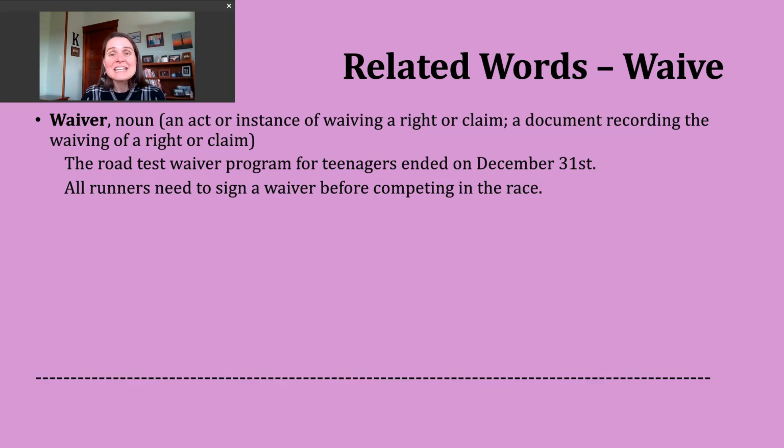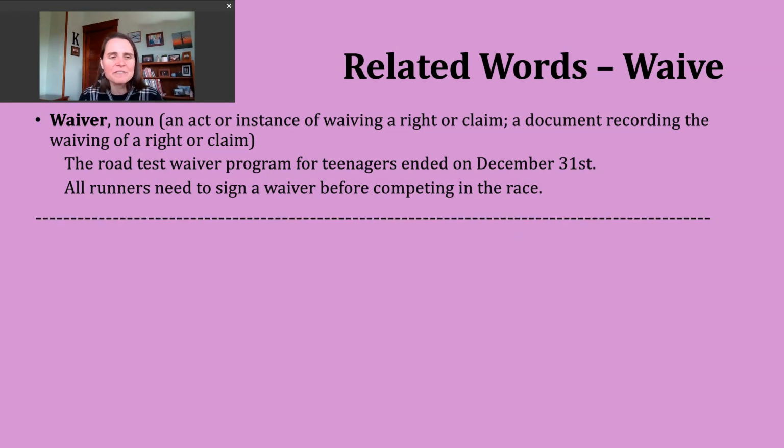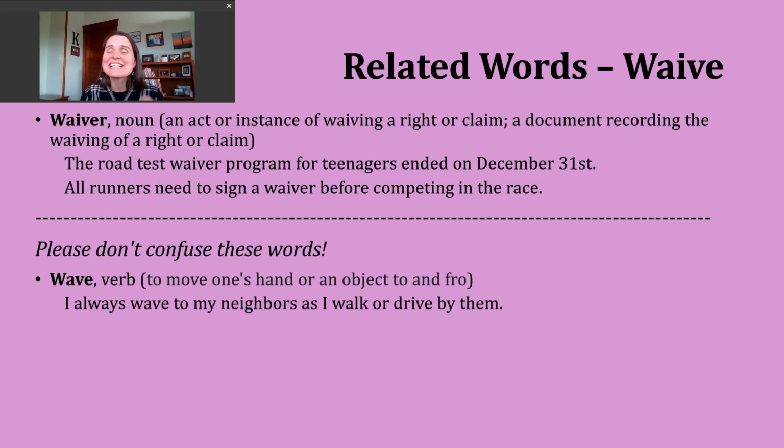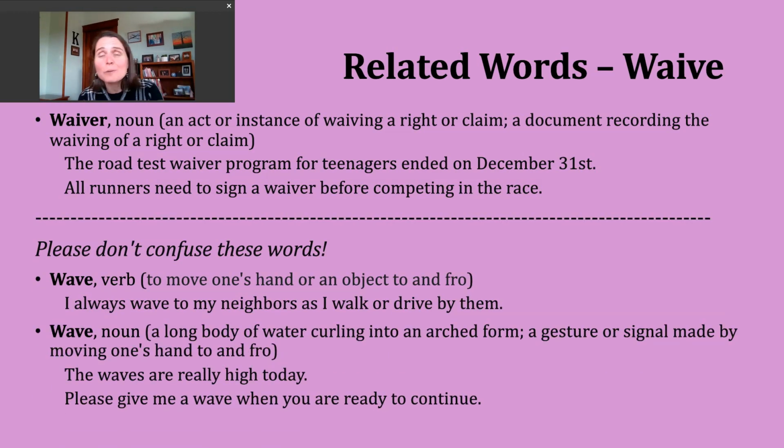Now, the next part of this video, I want to talk about a word that could be easily confused with our verb of the day, waive, W-A-I-V-E, and that is a word that is both a verb and a noun, W-A-V-E. So wave, W-A-V-E, can be both a verb and a noun.